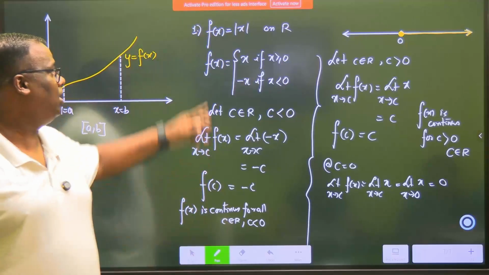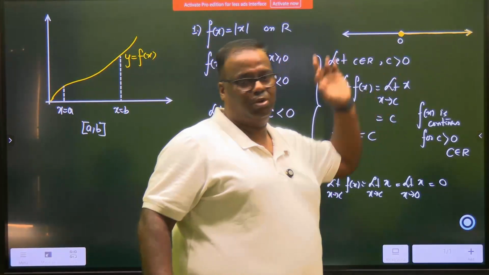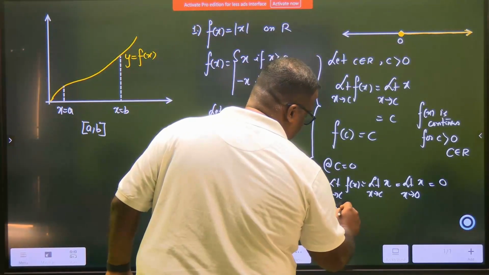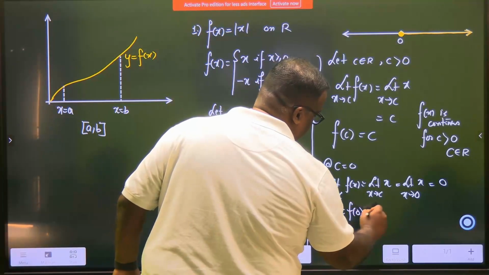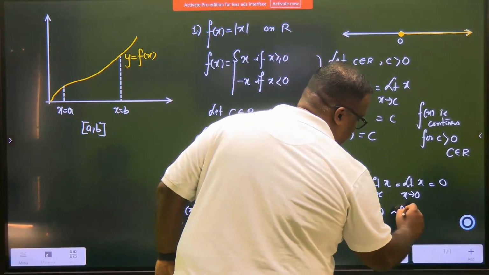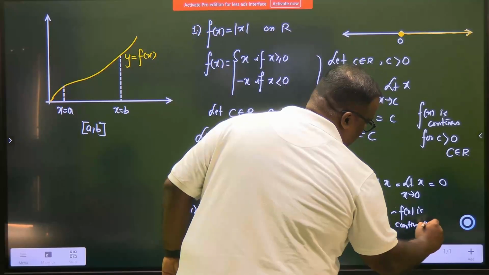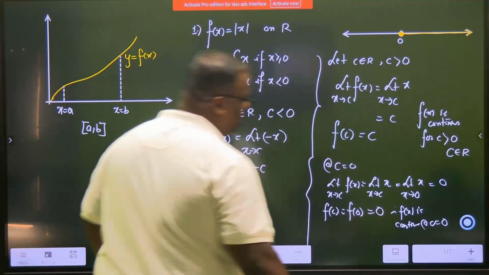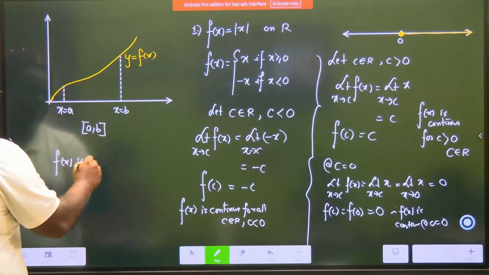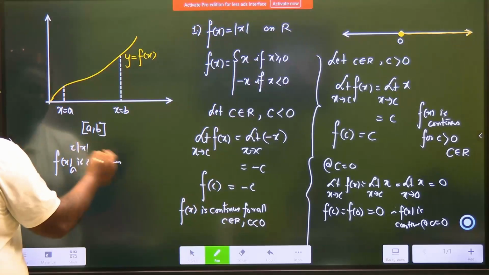Now is it fine? You're at c equal to 0. C was a point here, c was a point here, c is a point here now, right? And what is f of c? It is f of 0, which is also equal to 0. Therefore, f(x) is continuous at c equal to 0. So we write f(x) equal to mod x is continuous.